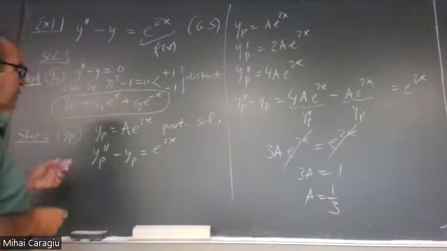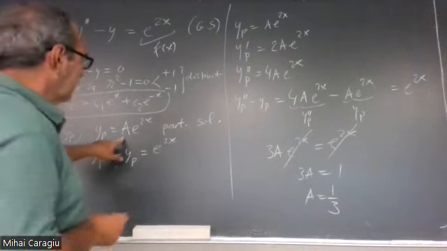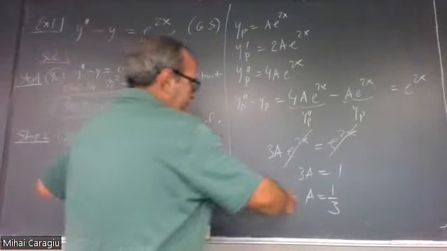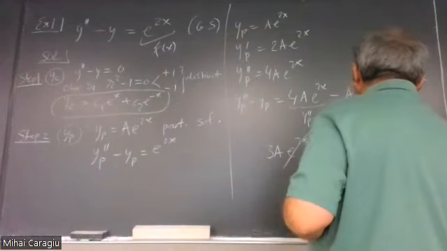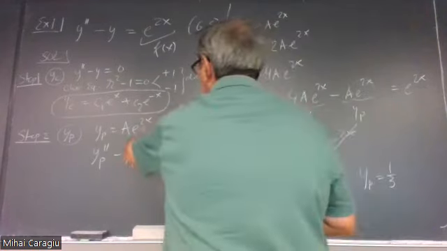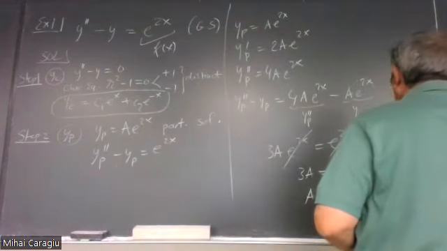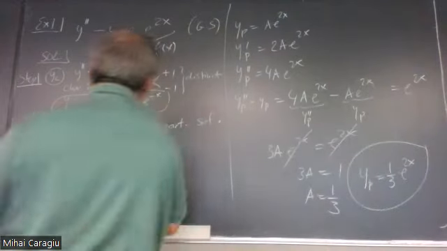Formerly, a was an undetermined coefficient, but after this work, a is 1/3. So y sub p at this moment equals 1/3 e to the power 2x. We got y sub p. We got y sub c.